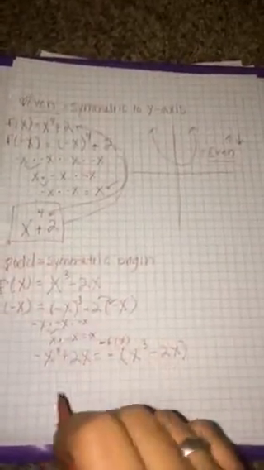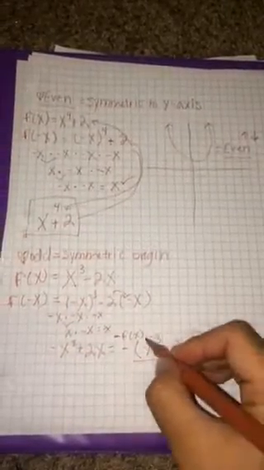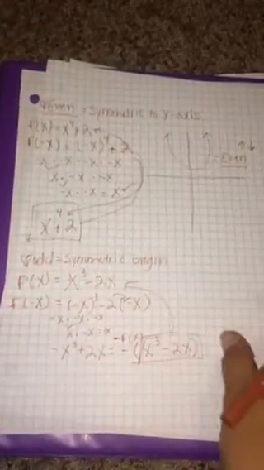So that means that it is an odd function. It is an odd function because it went back to its regular form. And if we were to graph this, we would have got something like so.